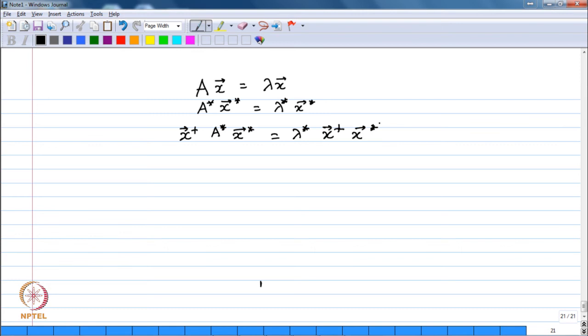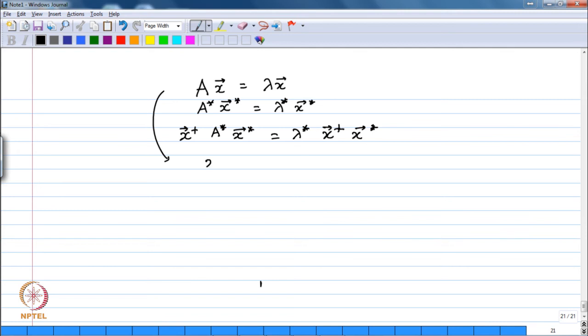So, now if you do another thing. So, let us say you take the first equation and you take its Hermitian conjugate. So, if you take this equation and take its Hermitian conjugate, you will be taking both the transpose and the complex conjugate.